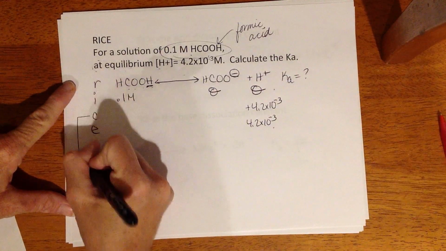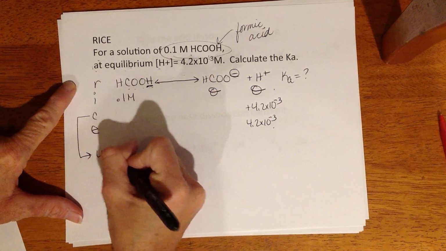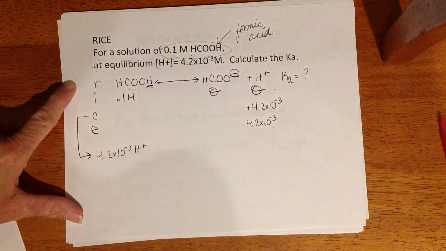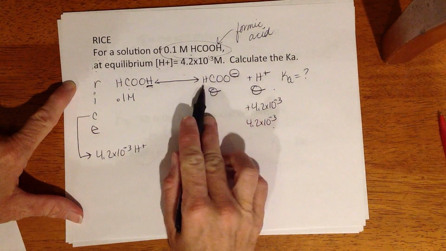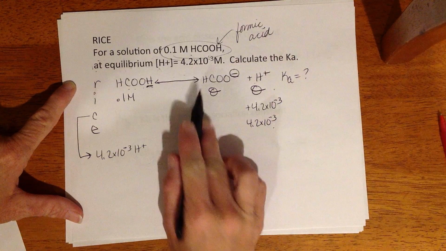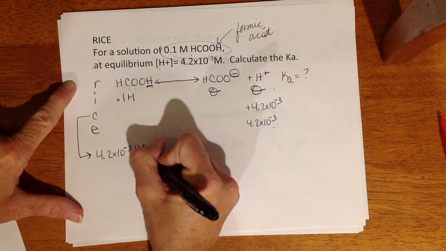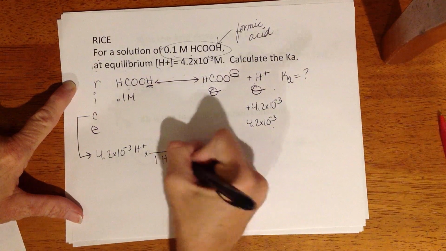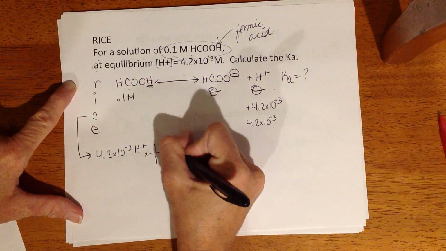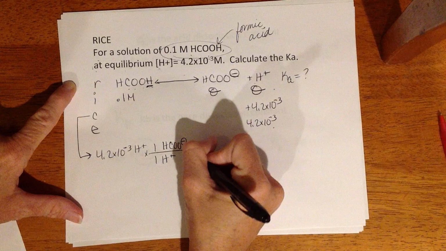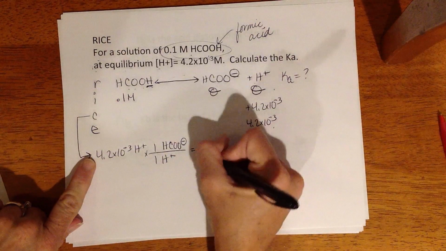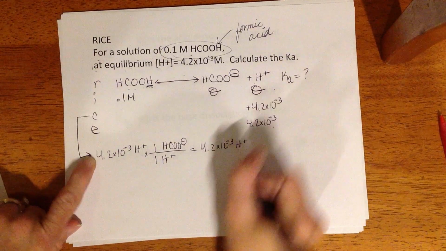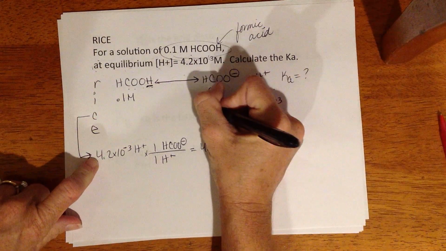Now I'm going to use this down here. If I had 4.2 times 10 to the minus 3 H plus, I'm going to change H plus, I'm just going to go here, into HCOOH. It's a 1-to-1 ratio, for every 1 H plus, there's 1 HCOO minus. And it's going to equal the same thing. If you can eyeball it, you don't have to do this. I like to do it.